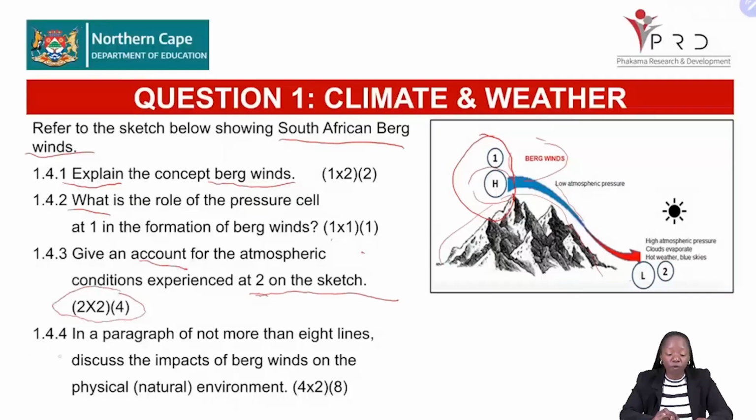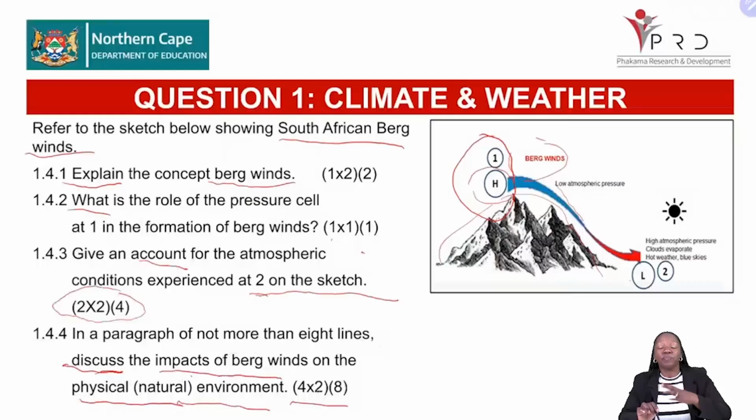Then your 1.4.4, it's a paragraph question. In a paragraph of not more than 8 lines, discuss the impact of berg winds on the physical, which is the natural environment. 4 times 2, which means 4 responses that's supposed to give you 8 marks.